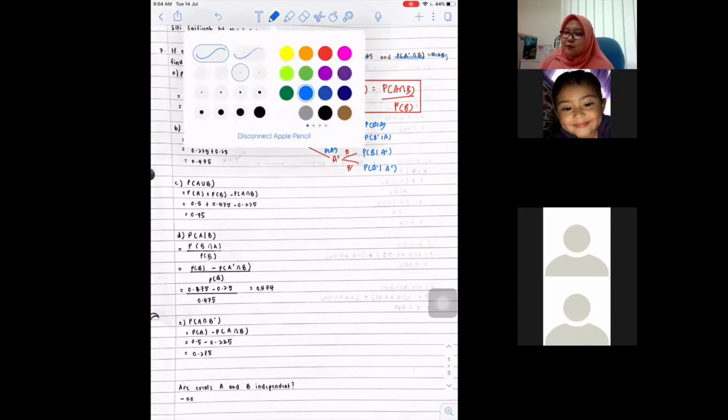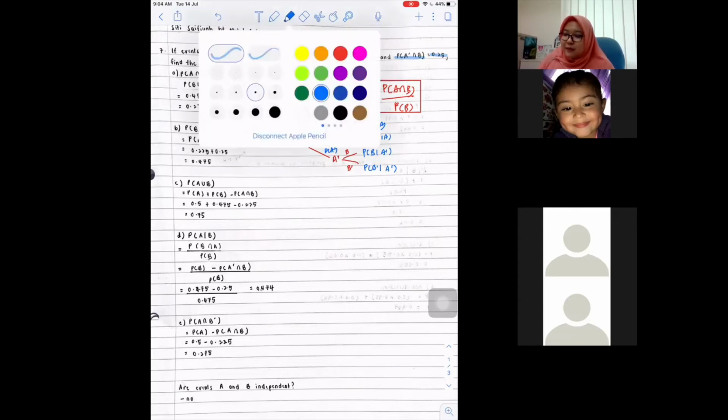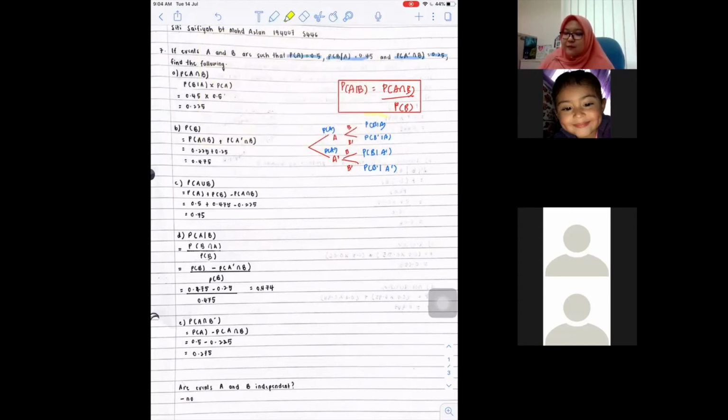So if you want P(A and B), just find the branches for A and find the branches for B, and then you just multiply them. Okay. Just multiply the value. So just take P(B given A) and multiply with P(A). Okay, so you can get here 0.45 times 0.5, it is 0.225.